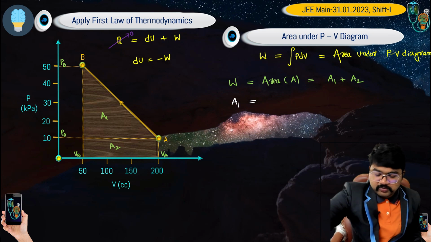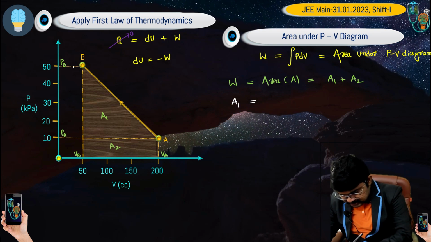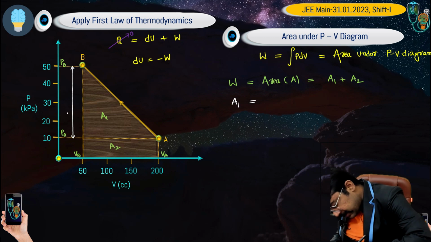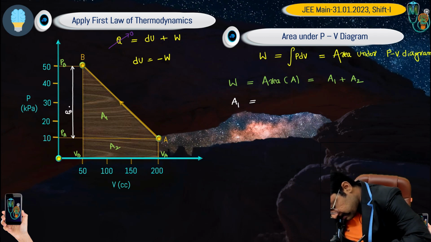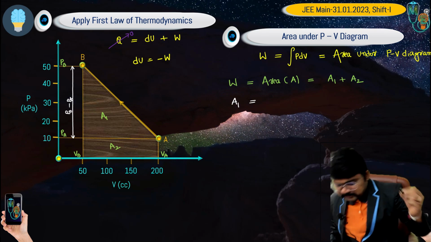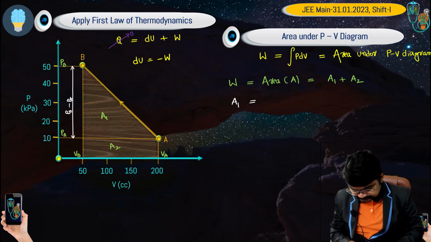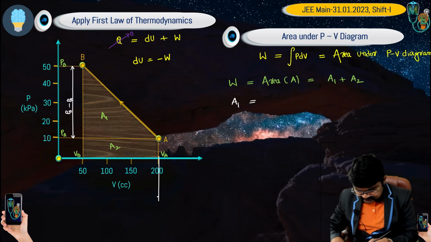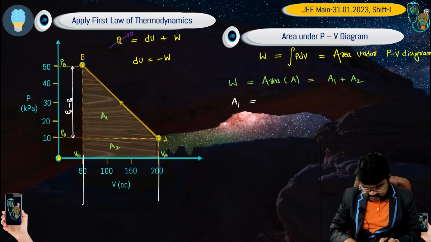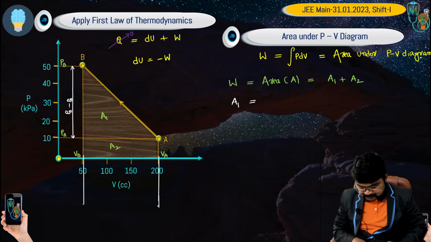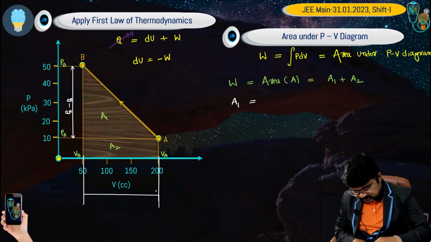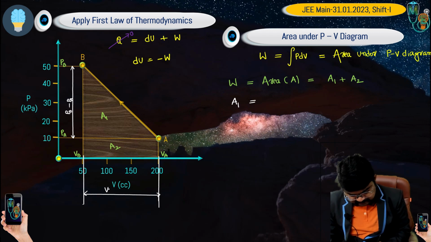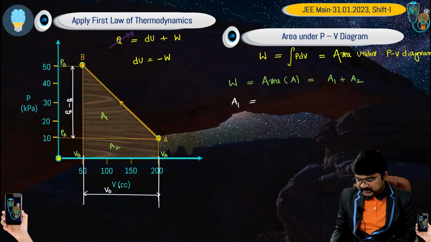Just observe: from here to here it is PB minus PA, and from here to here it is VA minus VB.